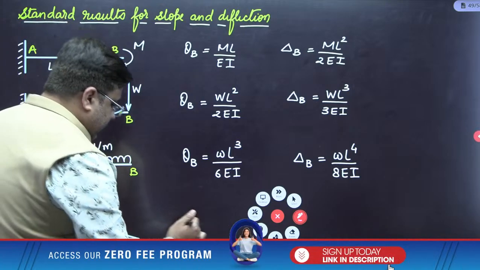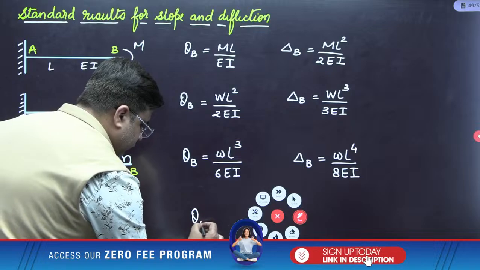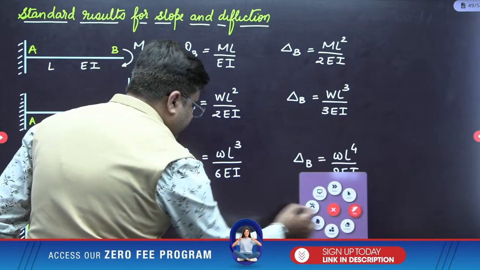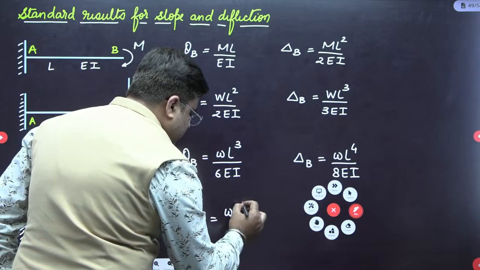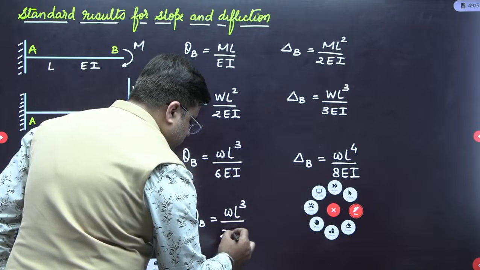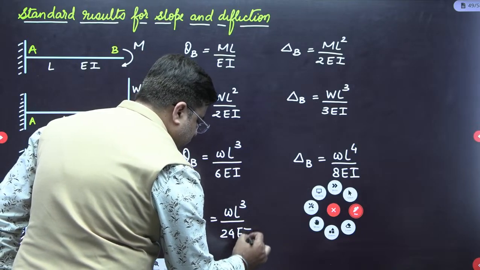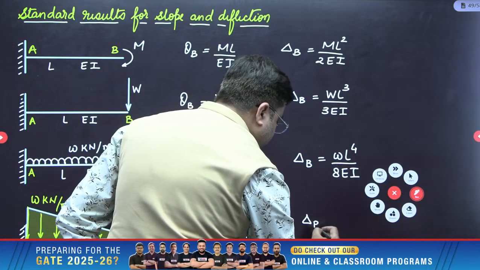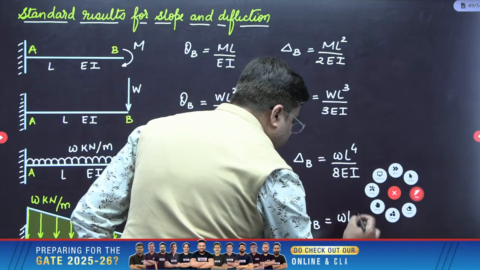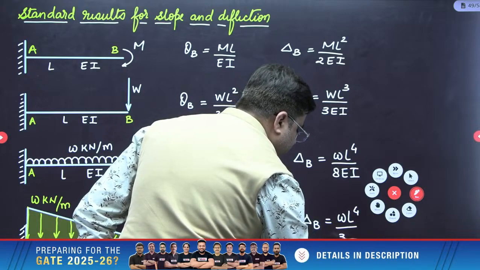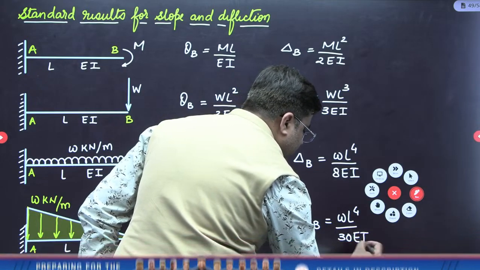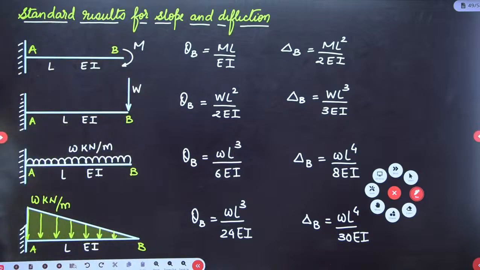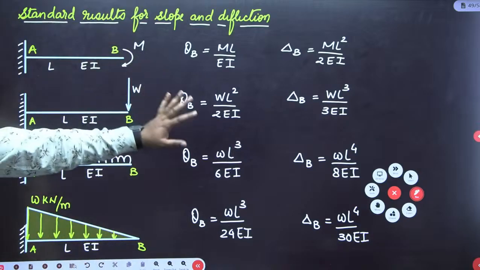So here theta B is equal to WL cube upon 24 EI, and your delta B is equal to WL raised to the power 4 upon 30 EI. So these are the values of slope and deflection for the cantilever beam, standard results.